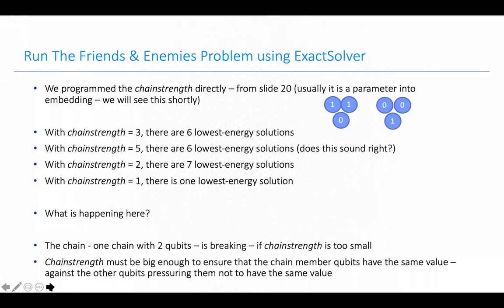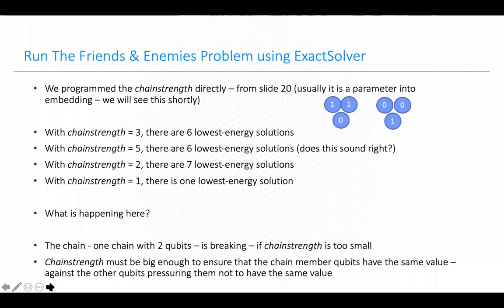It's very deep. Now, before I show you any code, I'm going to show you some results of the friends and enemies problem, where I ran a small problem using something offered in Ocean called ExactSolver, which is not sending it to the quantum computer, but only doing it on a solver that finds all the solutions and then gives me the lowest energy.